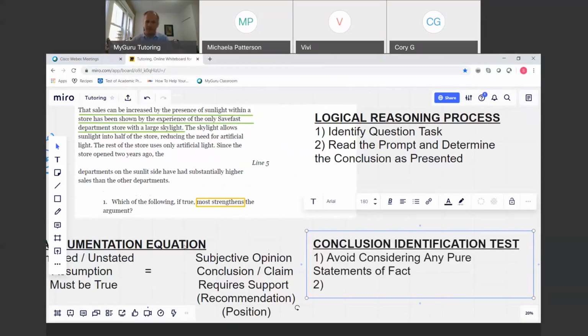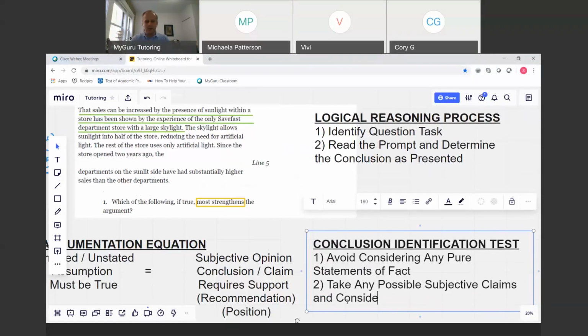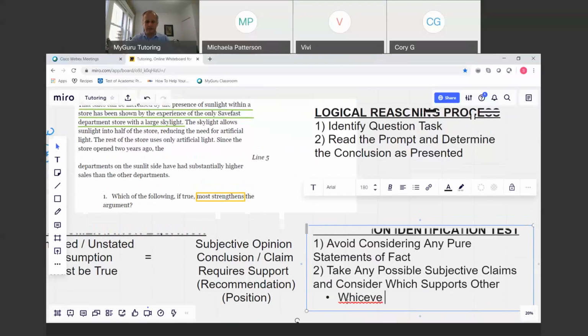Now, this one's relatively straightforward, but if you have two statements remaining, you want to take any possible subjective claims and consider which supports the other, because whichever statement requires support is the conclusion.